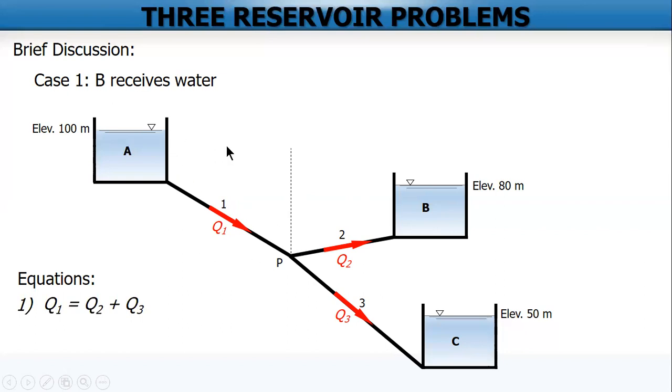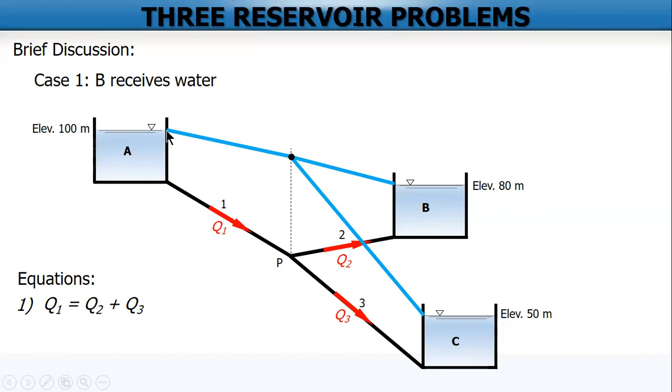So 100 minus friction loss, it should be lower than 100 but higher than 80. So this is your hydraulic grade line, sloping downward from left to right, and of course to C.